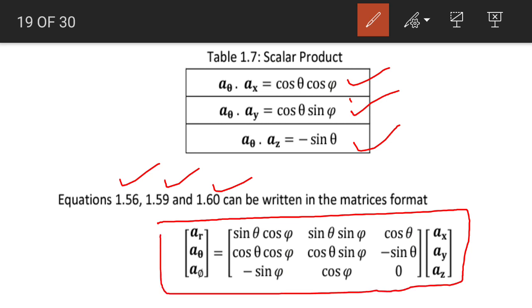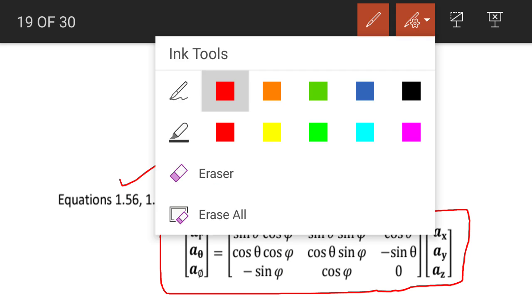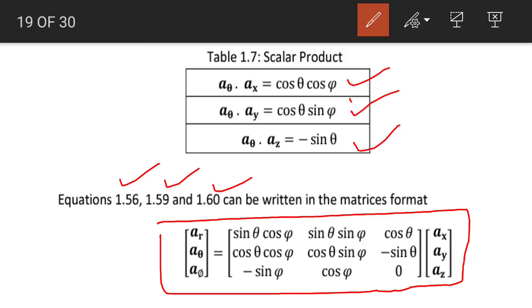In the matrix, on the left hand side we have the unit vector a r, unit vector a theta, and the unit vector a phi. Then in the transformation matrix we have sin theta cos phi, sin theta sin phi, cos theta.